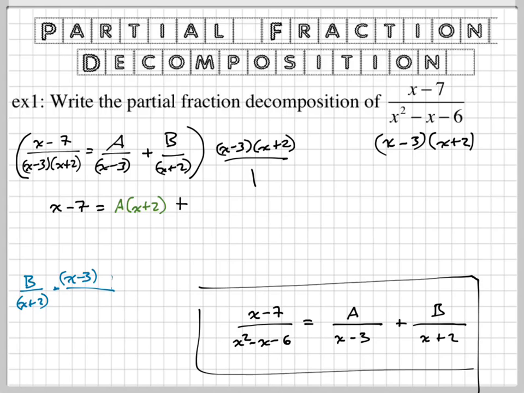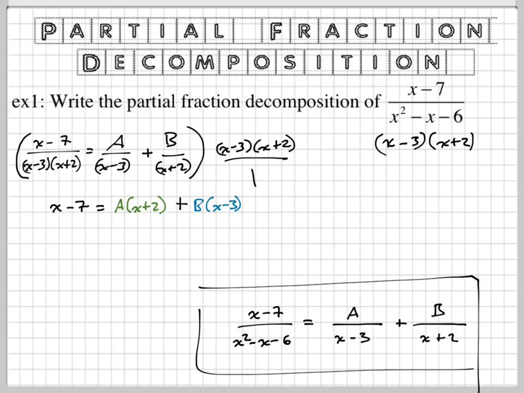X minus 3, x plus 2. Okay, if I was multiplying this times this, it would look like this. What would I cancel out here? The x plus 2. Yeah, cancel out the x plus 2's, and I'm left with b times the x minus 3. And so you get b times x minus 3.